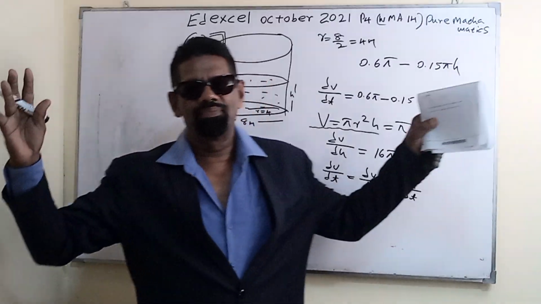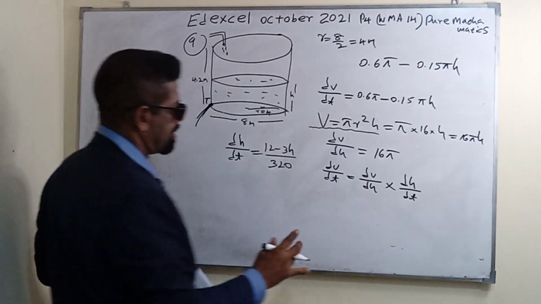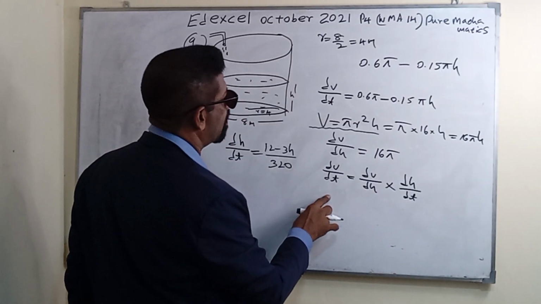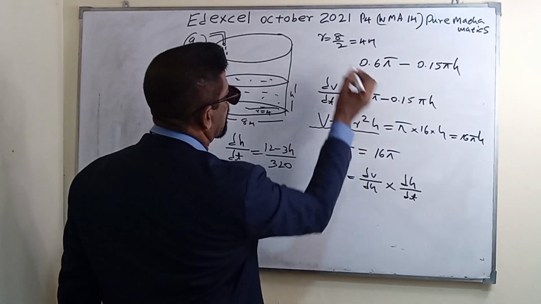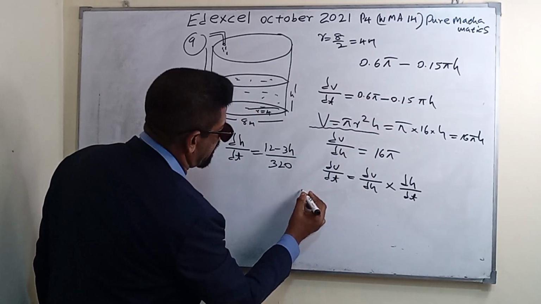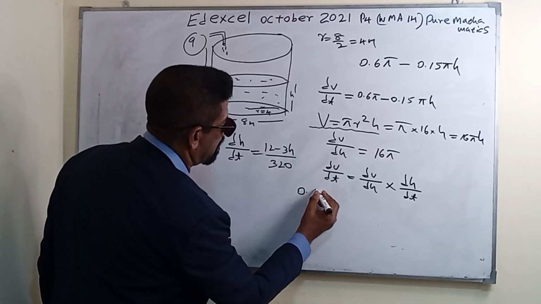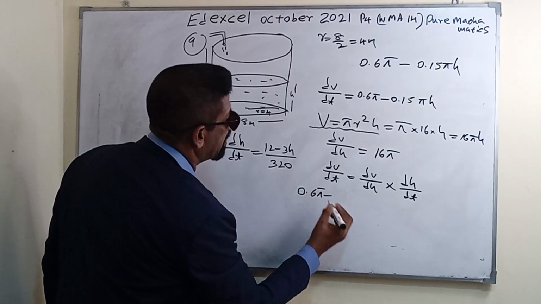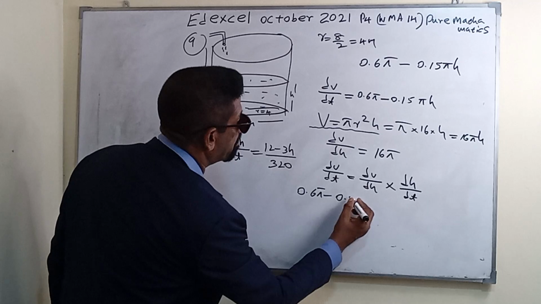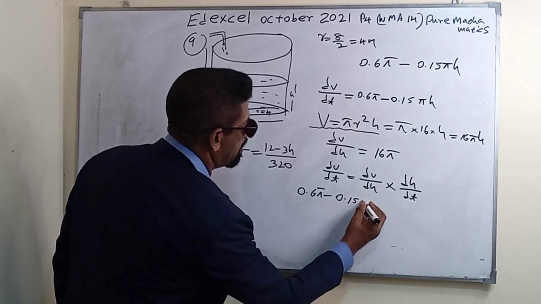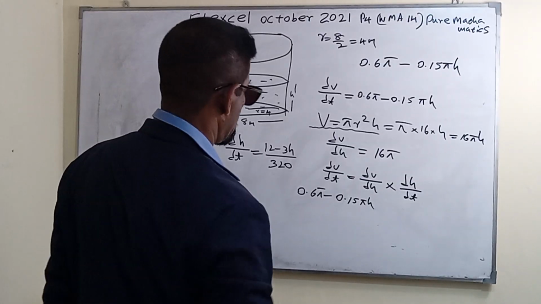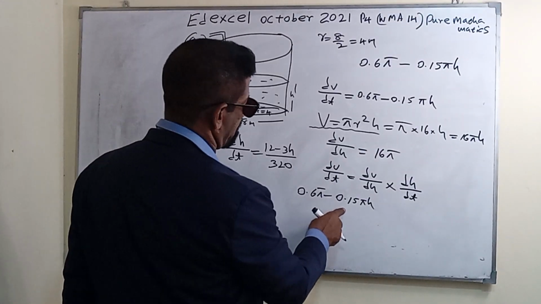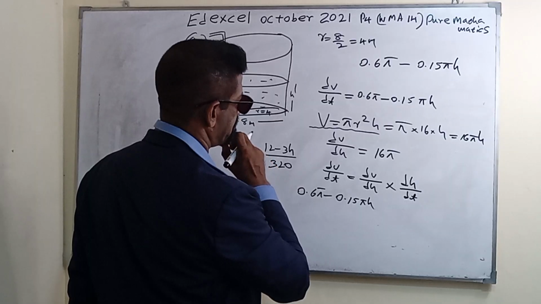It's not hard. So dV/dt is 0.65 minus 0.15h.